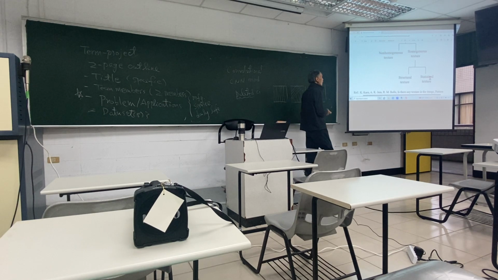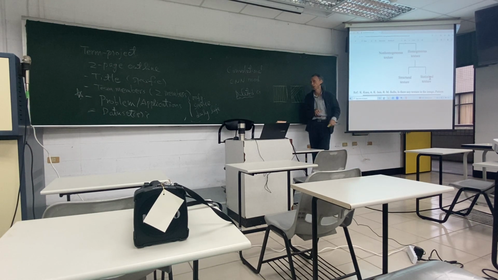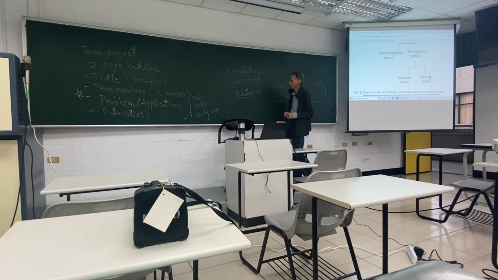And some other part is not homogeneous. It's the so-called non-homogeneous texture. If you remember, in morphology I gave you the example of the multi-crystal silicon wafer, the solar panel wafer.